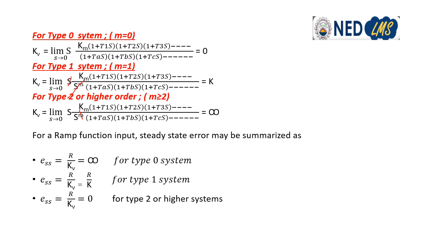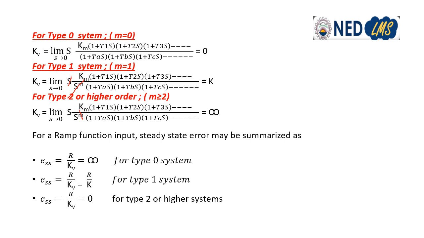Now we put the value of these ramp error coefficients in the steady state error. Kv is 0 for type 0 system, then R upon 0 will be infinity. This is not a desirable case, as we don't need so much steady state error. This is a very large value of the steady state error.